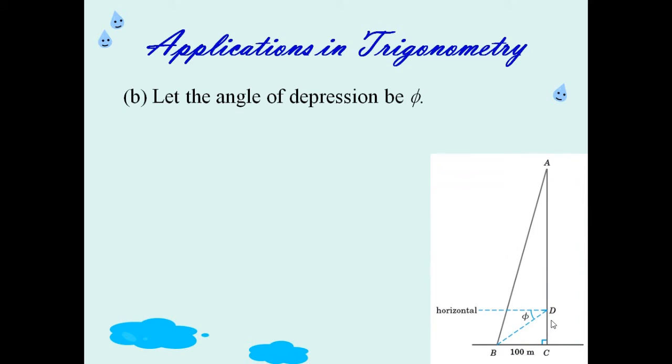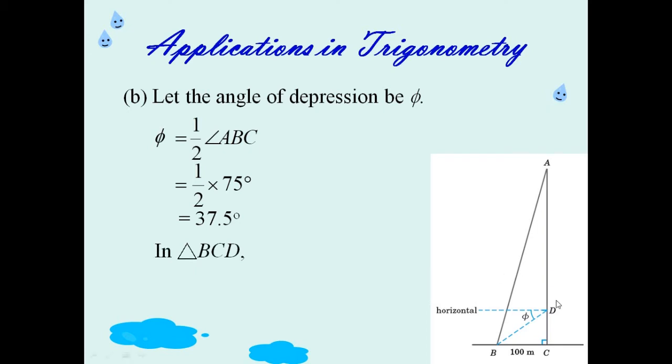Just like this one. Because this angle of depression is different from this one, we use another letter, angle phi. Here angle phi is the angle of depression, and this angle is just half of the angle of elevation of A from B. So it is equal to 37.5 degrees.